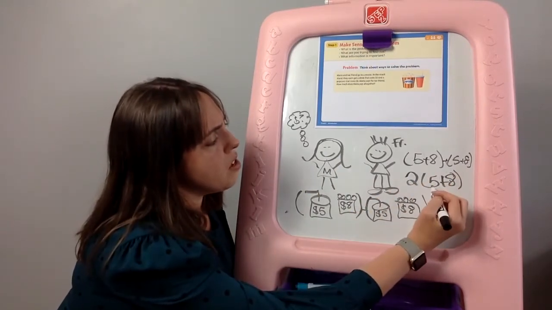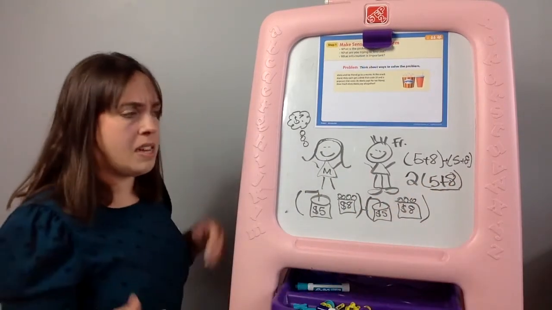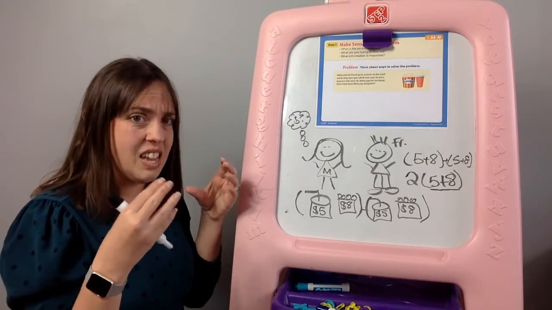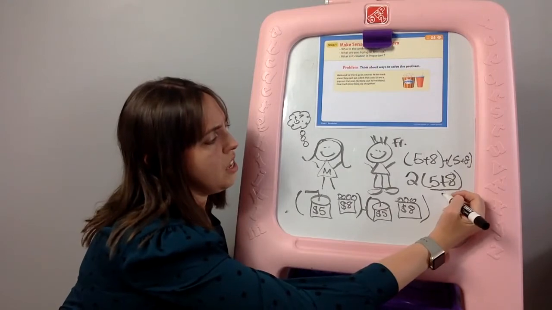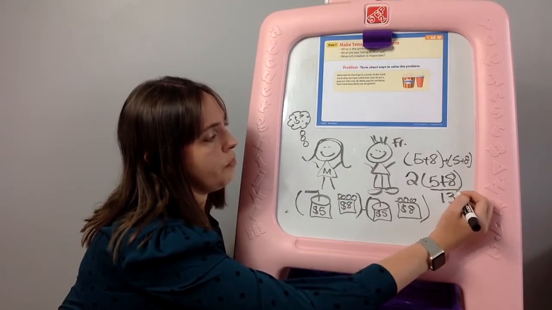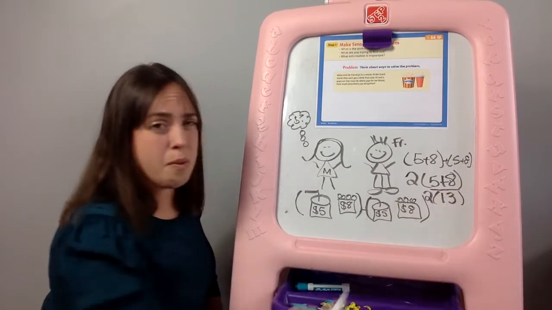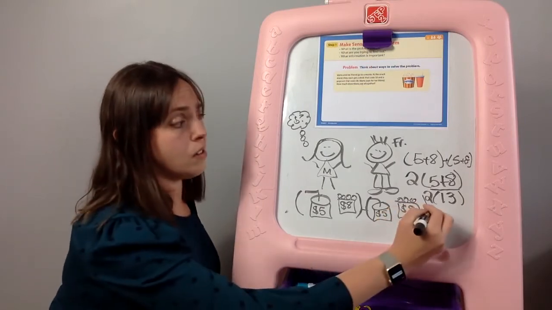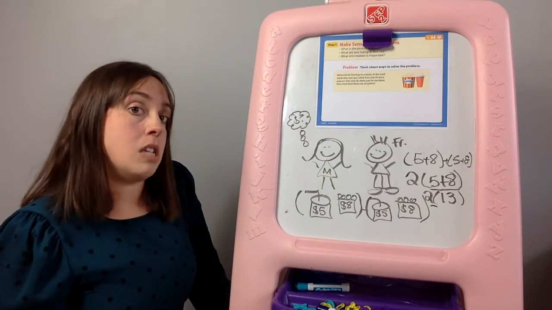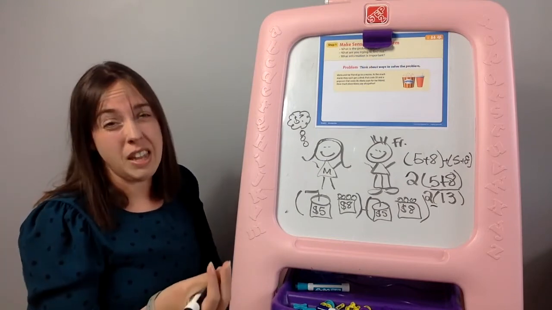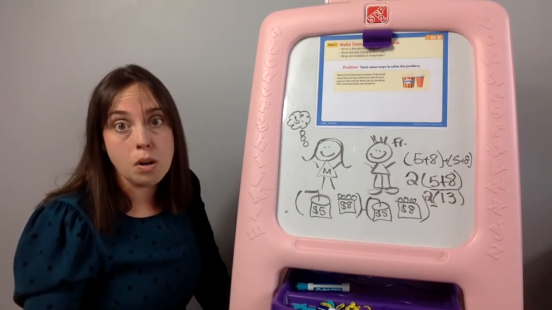So if I'm inside of the parentheses, I think 5 plus 8. Well, 5 plus 8 is 13. And you're going to remember, hopefully, from class that this looks a little weird, doesn't it? But it's really how you're going to start to see a lot of expressions, especially in algebra, from this point forward, okay?